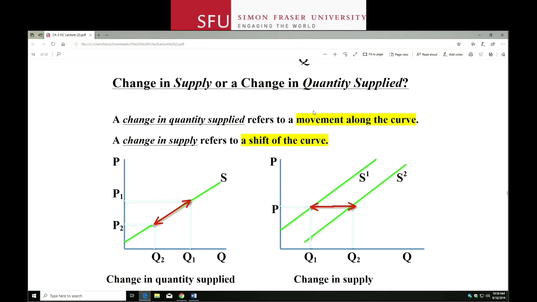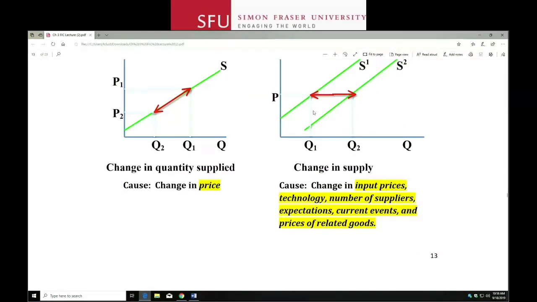Here we can tell that it's a price change. Here, we're not sure what's going on, but it could be one of those 6 variables or 6 factors that we just went through. So price is the only one that causes this, whereas we have 6 different things that could possibly cause a shift.